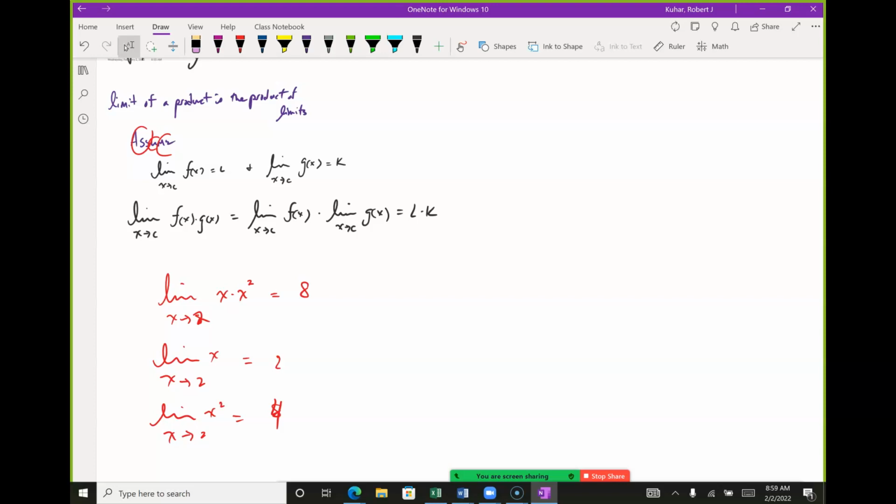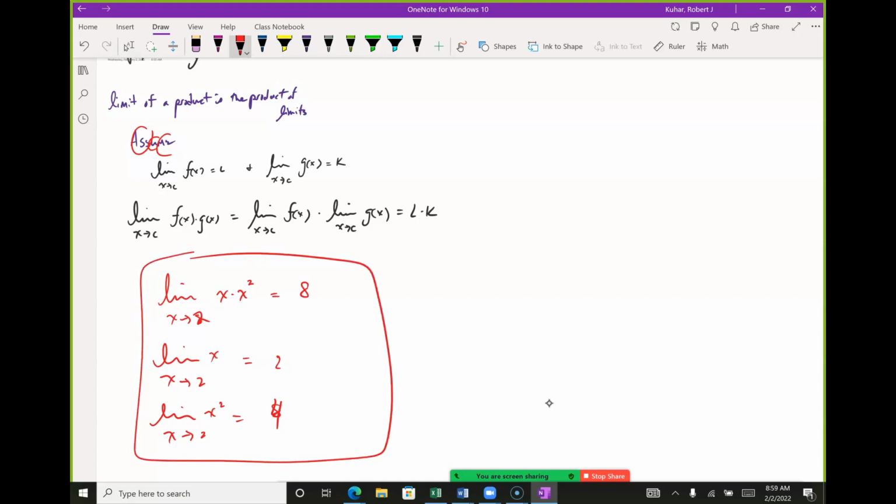Why does it make sense though? Because what are we talking about? What are limits again? Remind me. What is a limit? So like the prediction of the value at a certain point. Sure.